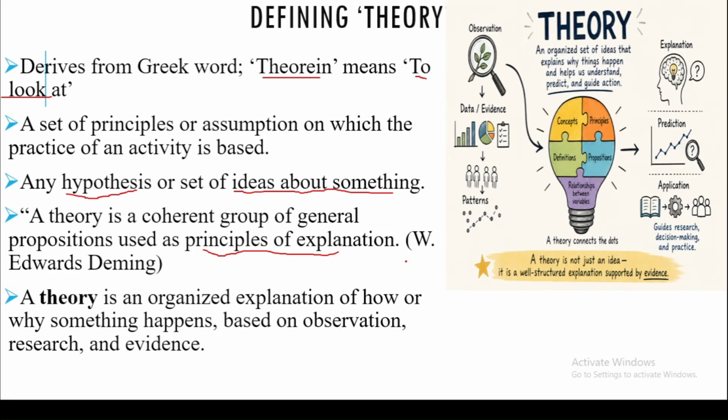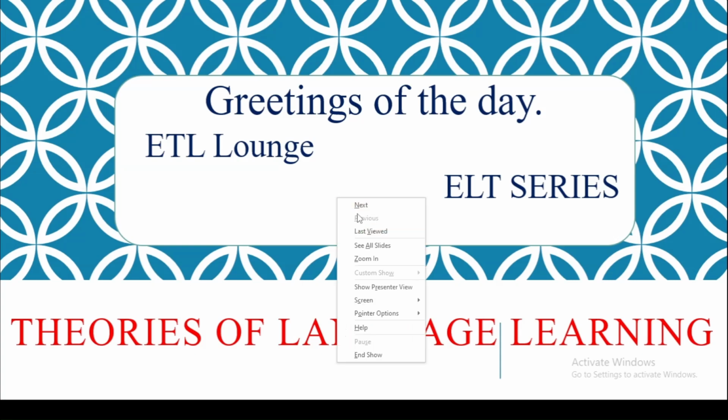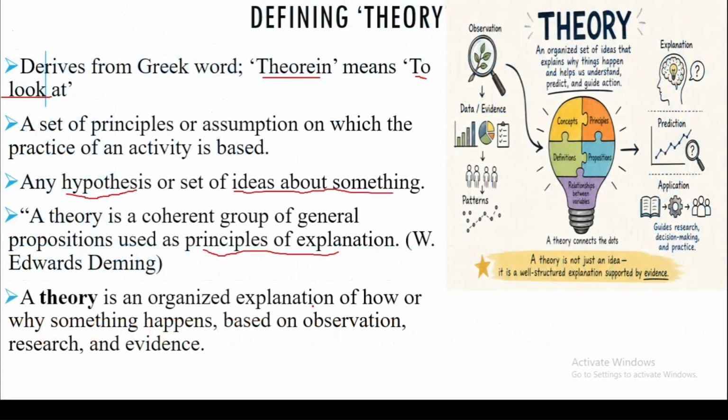In short, if we sum up all the above ideas, the conclusion will be: a theory is an organized explanation of how or why something happens, which is based on observation, research, and evidence.